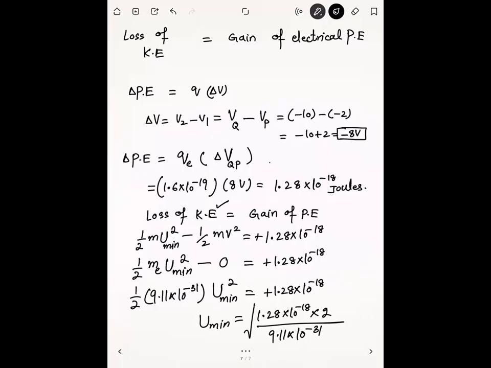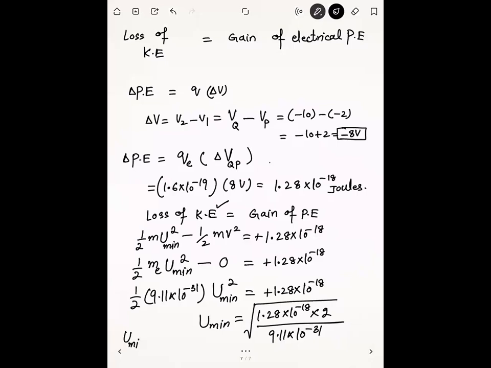We will take an under root because of the square. So answer will be under root of 1.28 into 10 power minus 18 into 2, and this will be divided by 9.11 into 10 power minus 31. So the answer will be the minimum speed here.